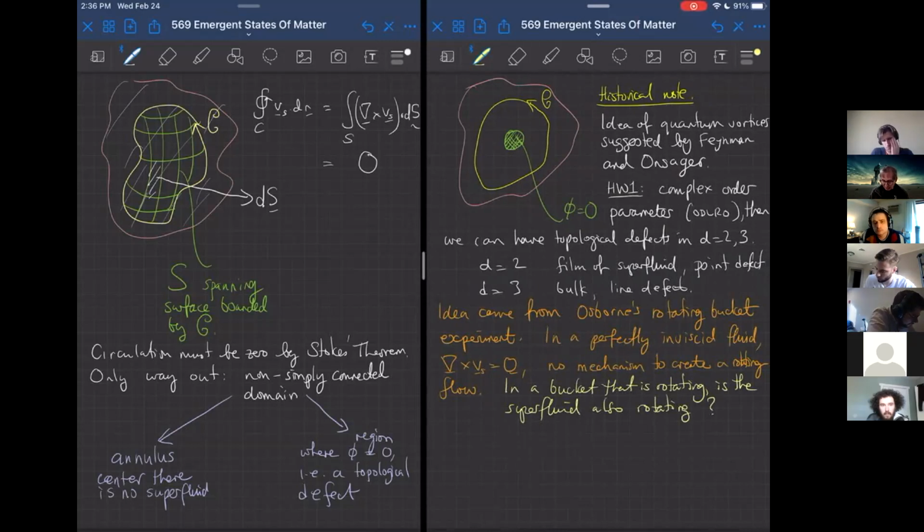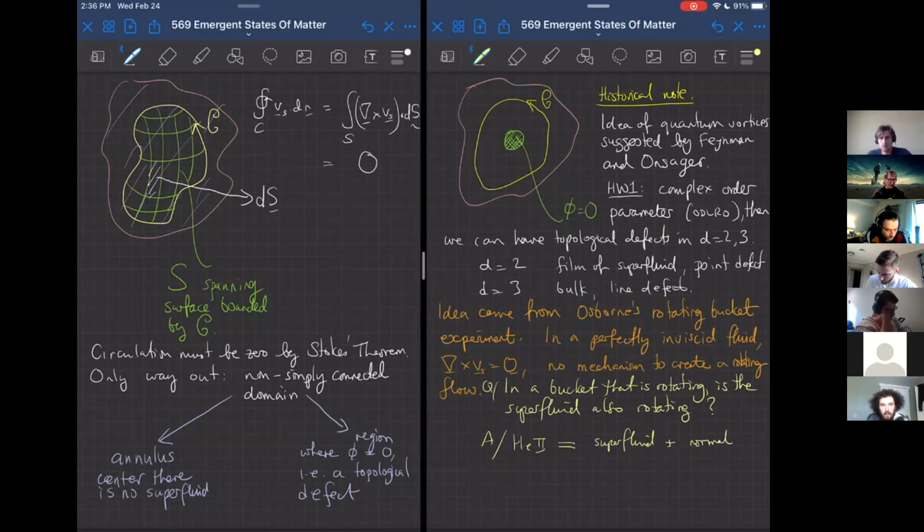We can try to answer this question from our knowledge of superfluid helium. Let's think about what we would expect to see. Suppose I have helium-2 in a rotating bucket. We know what this is equal to: a superfluid component plus the normal component.